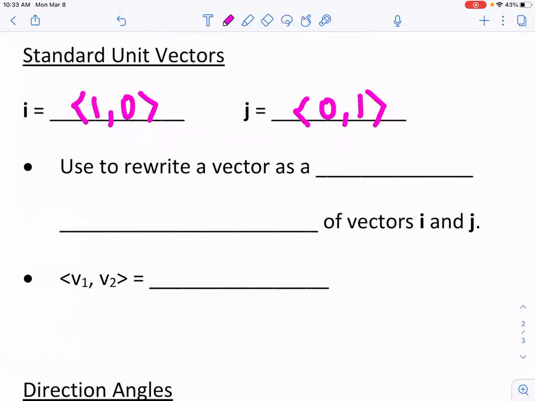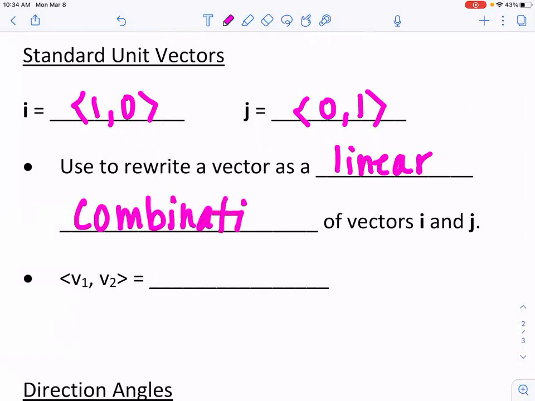So another way to write a vector is as a linear combination of vectors i and j. So instead of component form, we're going to call this linear combination form.